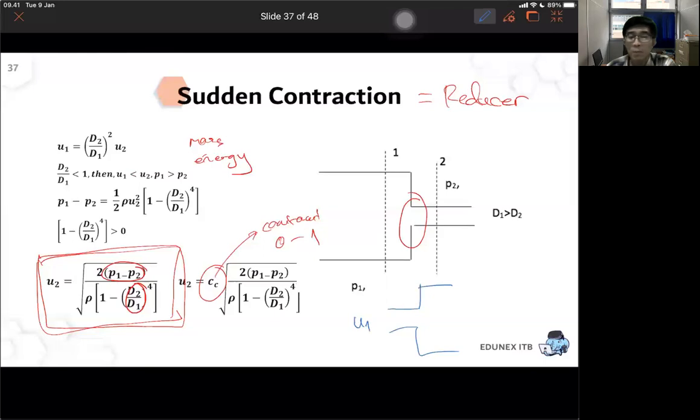And then by calculating the mass balance, you will have the theoretical value of U2. Or you just need to calculate just one real value of velocity, either at point 1 or at point 2.